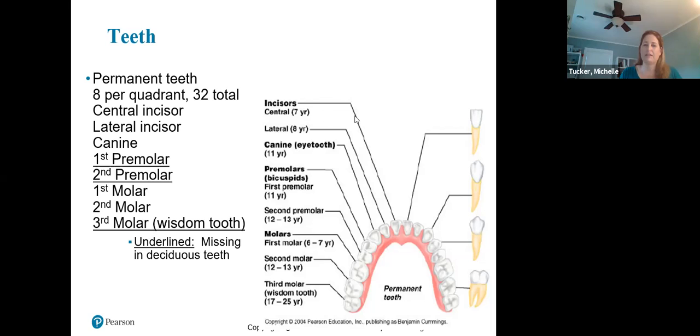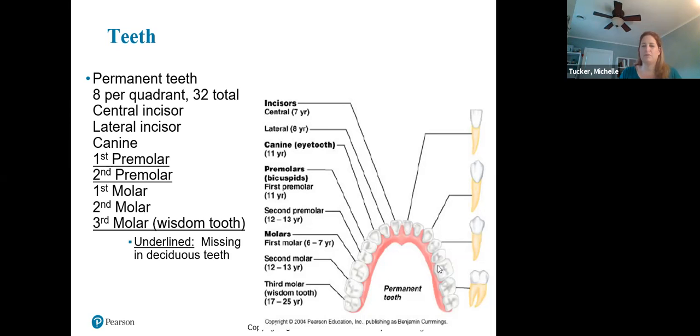The first replacement usually occurs around age 7, maybe a little earlier, but kinder, first grade, somewhere in there. The last set are going to be the wisdom teeth. These don't erupt until 17 to 25 years of age. In theory, they were probably meant to before modern dentistry.